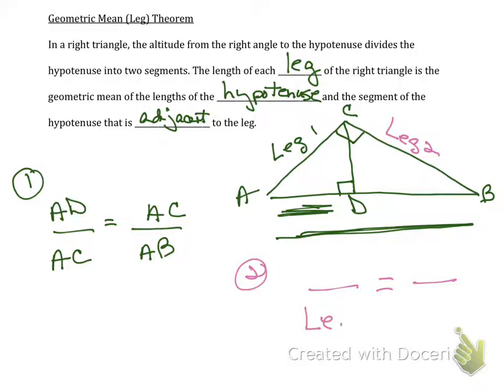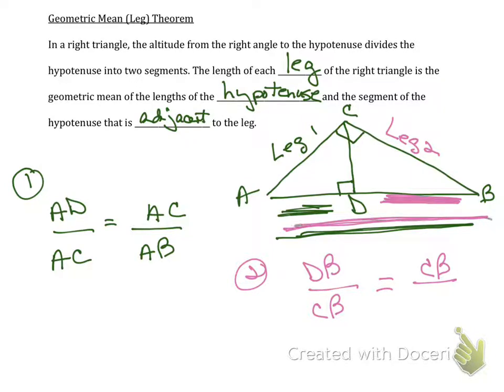So pop it in the geometric mean spot, and it is piece CB, and CB is the geometric mean between the piece of the hypotenuse closest to or adjacent to the leg 2, which is DB, and the entire hypotenuse, which is AB. Okay, those are our two equations that we can get.